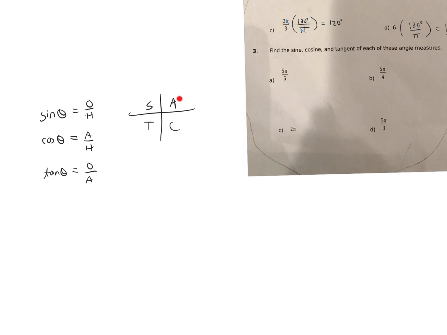So all 3 trig functions happen to be positive in the first quadrant. Only sine happens to be positive in the second quadrant, therefore cosine and tangent are negative. Only tan happens to be positive in the third quadrant, therefore sine and cosine are negative. And only cosine happens to be positive in the fourth quadrant, therefore sine and tan are negative.